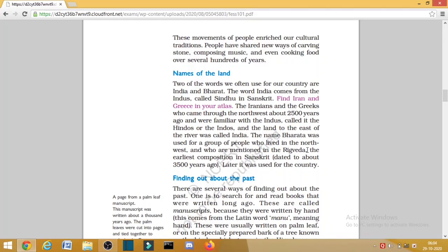The Rig Veda is the earliest composition in Sanskrit, dated to about 3500 years ago. Later, it was used for our country.